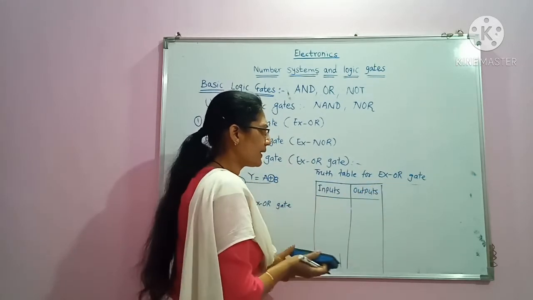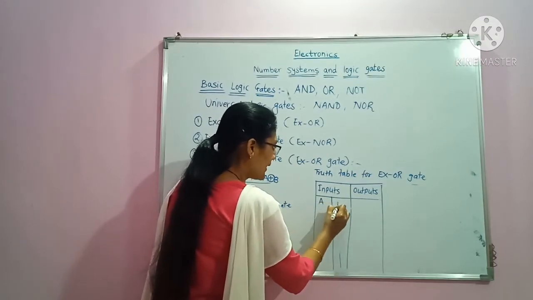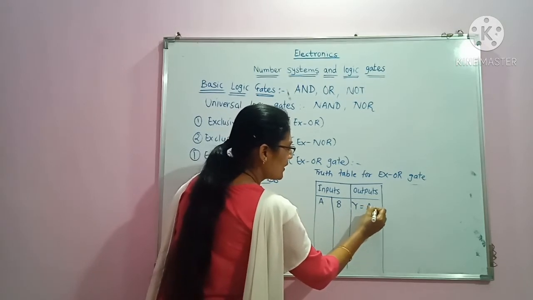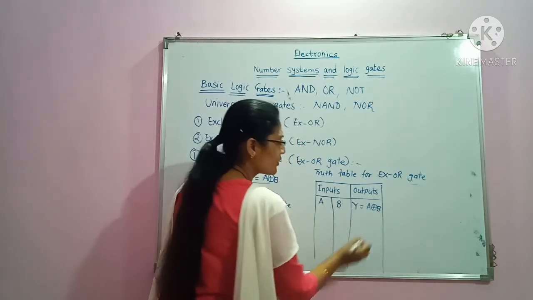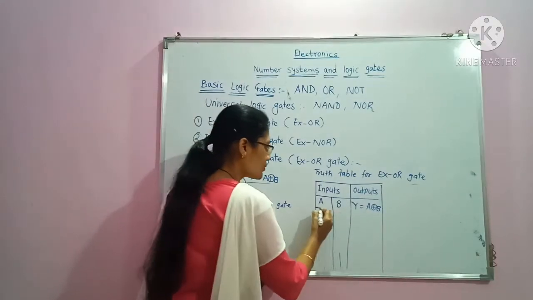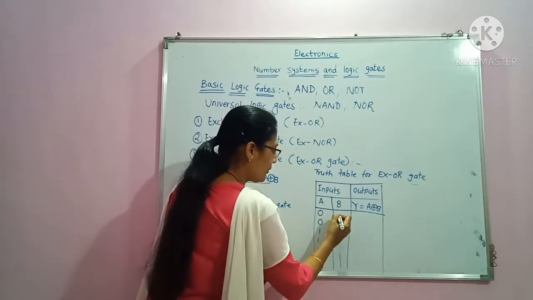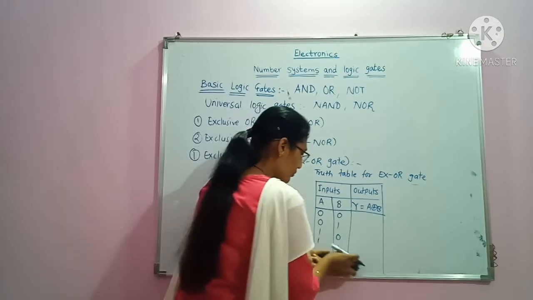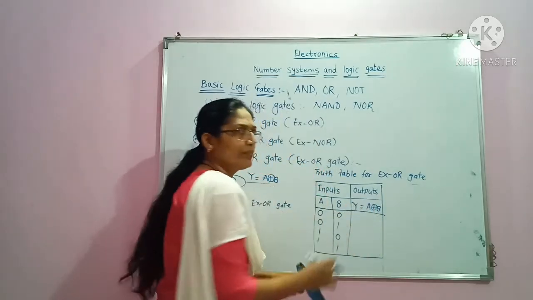It is a different gate, that is exclusive OR gate. Inputs we have considered as A and B, and its output is A plus B, and you have to encircle this plus sign in order to represent the XOR operation. I have taken the A values as 0011 and B values as 0101. Now we have to find out the values of A encircle B.